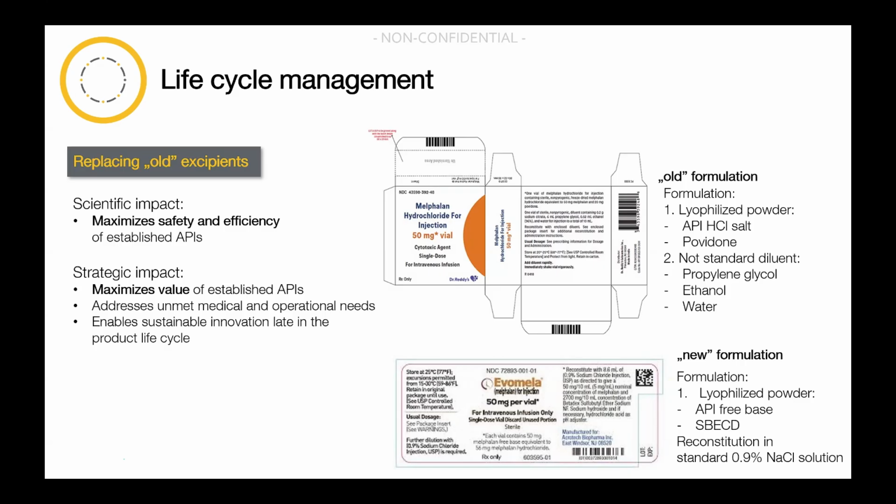So replacing these excipients, for example, polysorbates, different types of solvents or polymers, you can increase the safety and the efficiency of the product, and also it has a strategic impact: maximizing the value of the API and using it in different unmet medical needs or innovative ways to have a new product. The example is with melphalan, in the old formulation or replacing the old excipient.